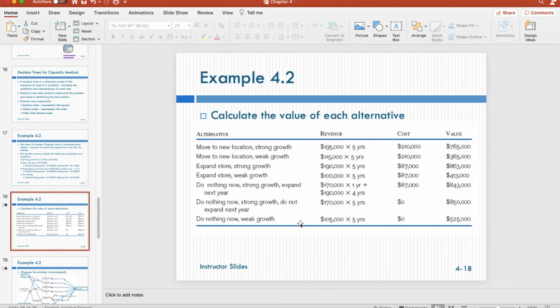So these are the 3 different sub-scenarios that this company is considering for do nothing. Either do nothing and see strong growth and decide to expand on the current site next year, or do nothing, even if you see the strong growth, they will not expand next year, or you do nothing right now, and if you see the weak growth, you definitely will not expand next year.